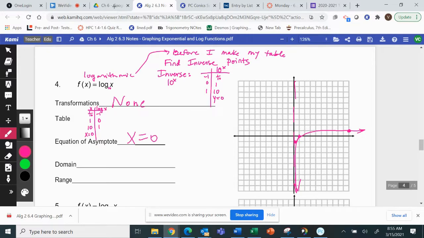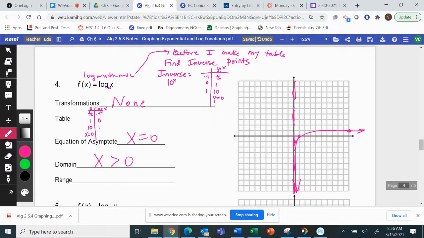If we look left to right, it does not go to the left. It starts at what number, Nina? What's my asymptote, Nina? 0. So this domain for this one is x is greater than 0.